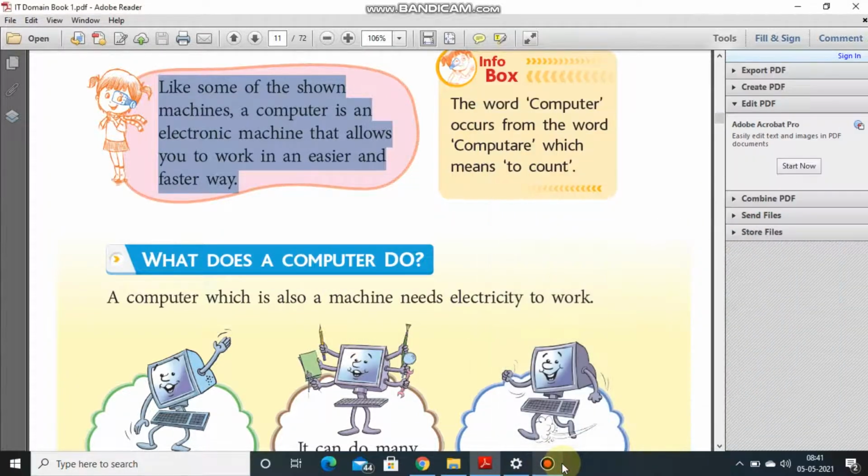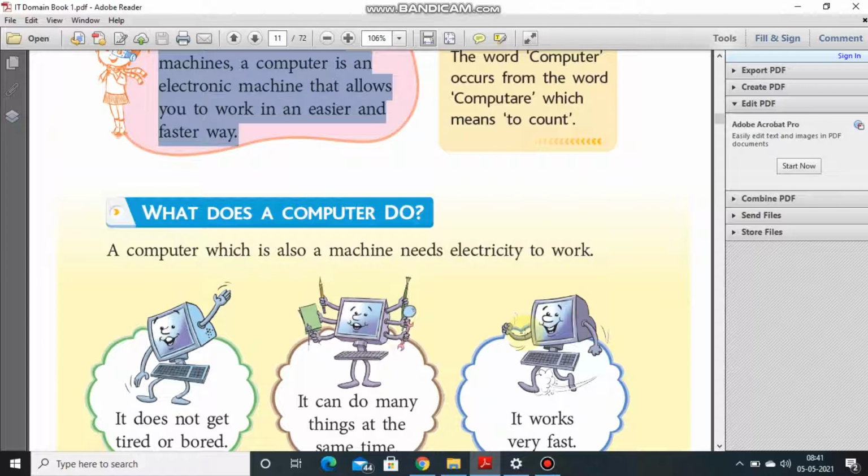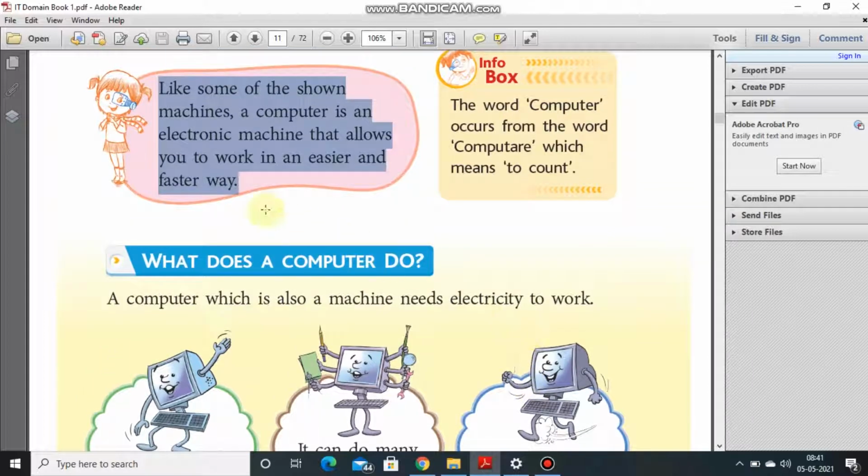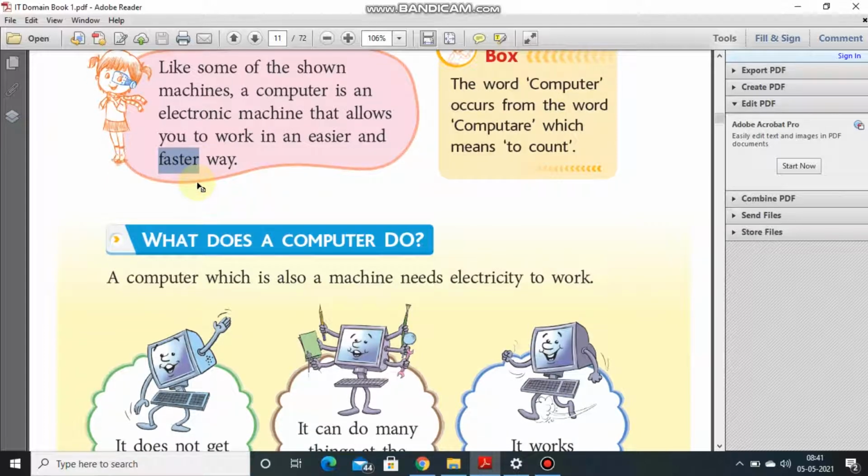It makes our work easier. It makes our work faster also. Yes or no? So it makes our work easier and faster.